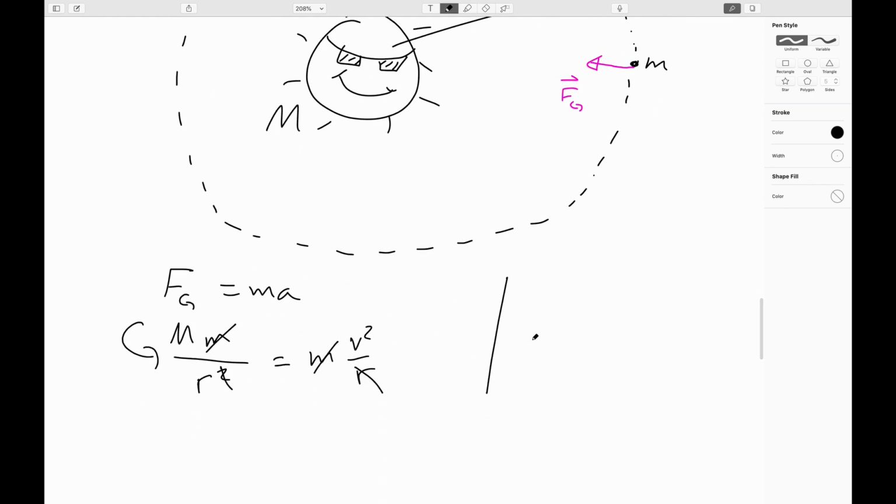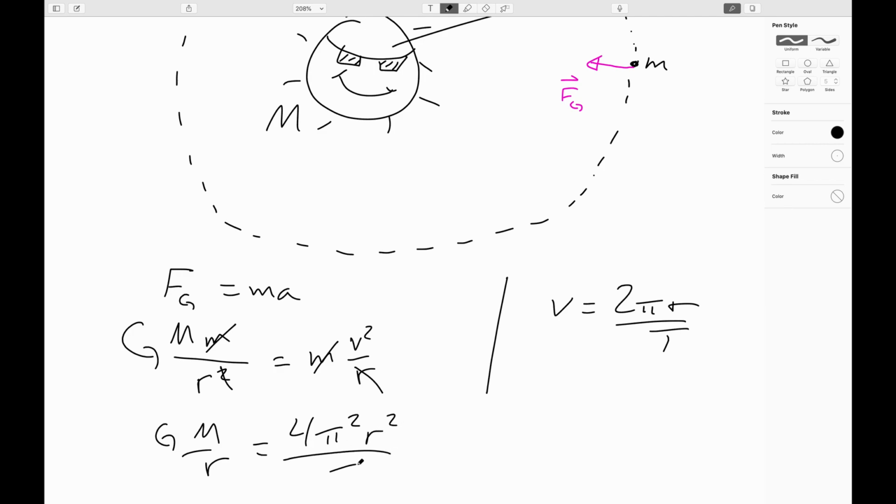So we can observe that the speed will be the circumference, 2 pi r, over the orbital period. So we can put that in. So we've got GM over r equals, okay, squaring v here, square the 2, that's a 4. Square the pi, that's pi squared. Square the r, that's r squared. Square the T, that's T squared.